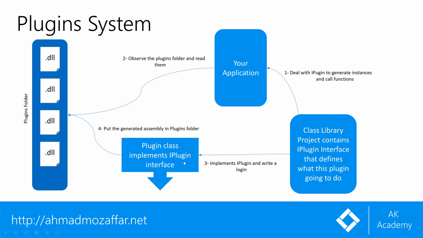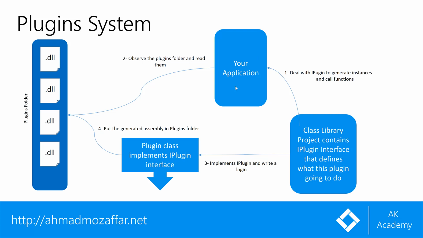They can write logic and, after they build their own extensions, they can put them inside a specific folder so your application will read them and add those functions into the app automatically, without writing any specific code to add the specific plugin.